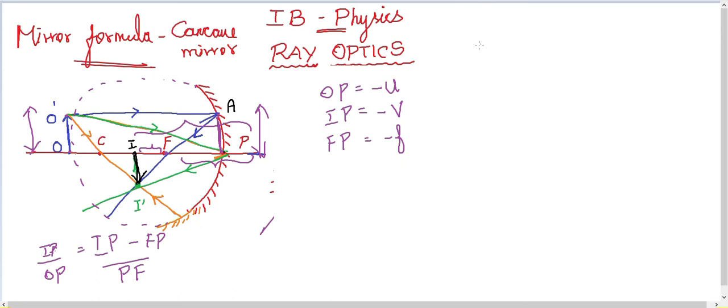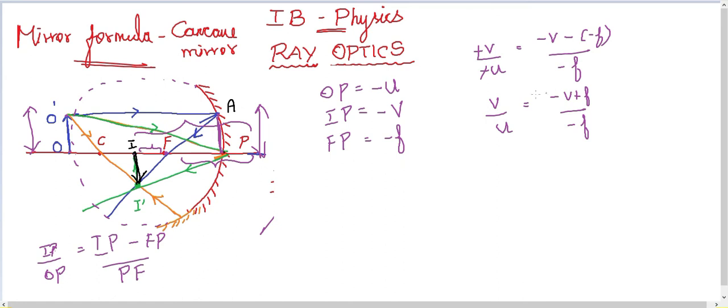So if I apply all these values here, what will we be getting? Minus V divided by minus U is equal to, IP is minus V, and FP is minus F, divided by FP, which is minus F. So V divided by U is equal to minus V plus F by minus F, and here I am going to take this minus out.